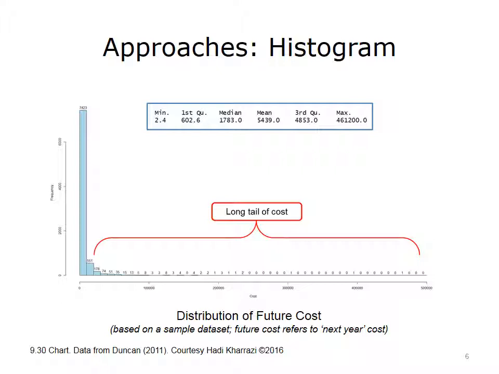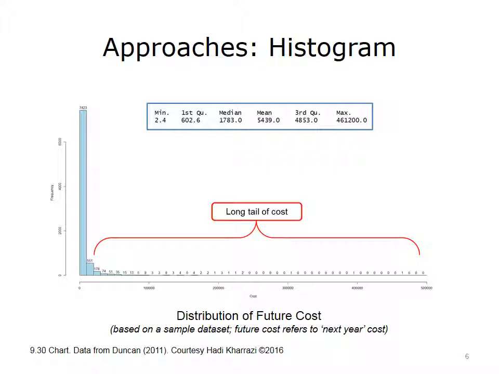A simple approach to visualize population health data is to construct a histogram of each of the variables. For example, if cost is the outcome variable, a histogram can quickly inform the analyst that cost is not normally distributed in the population. This histogram shows the distribution of cost in a large insurance claims database.